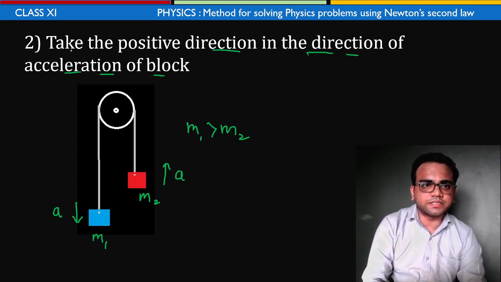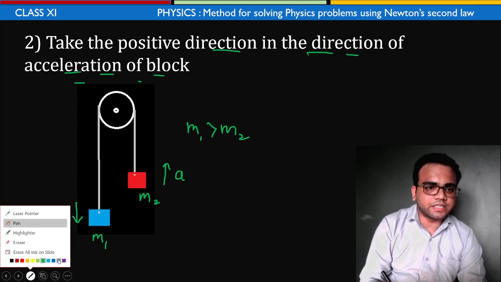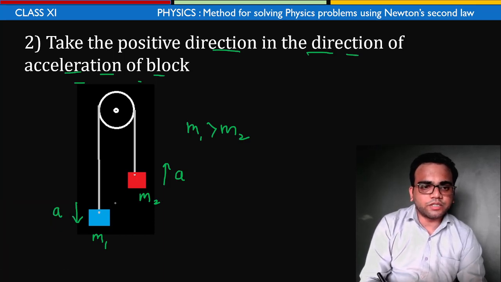The second step says take the positive direction in the direction of the acceleration of the block. So what will be the positive direction? There are two blocks, that's why these two are the systems.